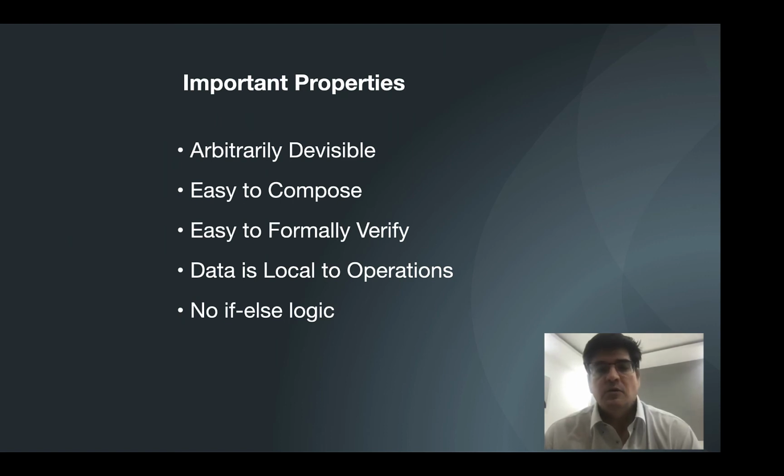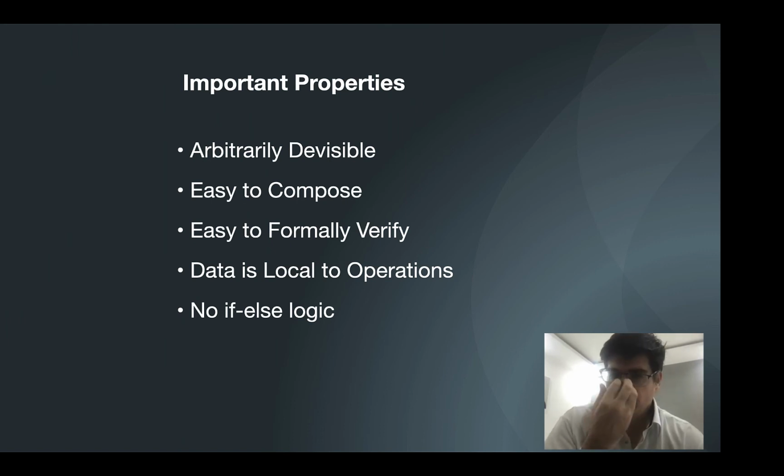And data is local to the operations, so we can now decide what operations need to run on the blockchain and what run off-chain, and then we can use off-chain and on-chain in a very creative fashion without losing any of the transparency or any of the advantages of using blockchain. Best of all, none of the stringy if-else logic that creates so many bugs and is so unreliable.